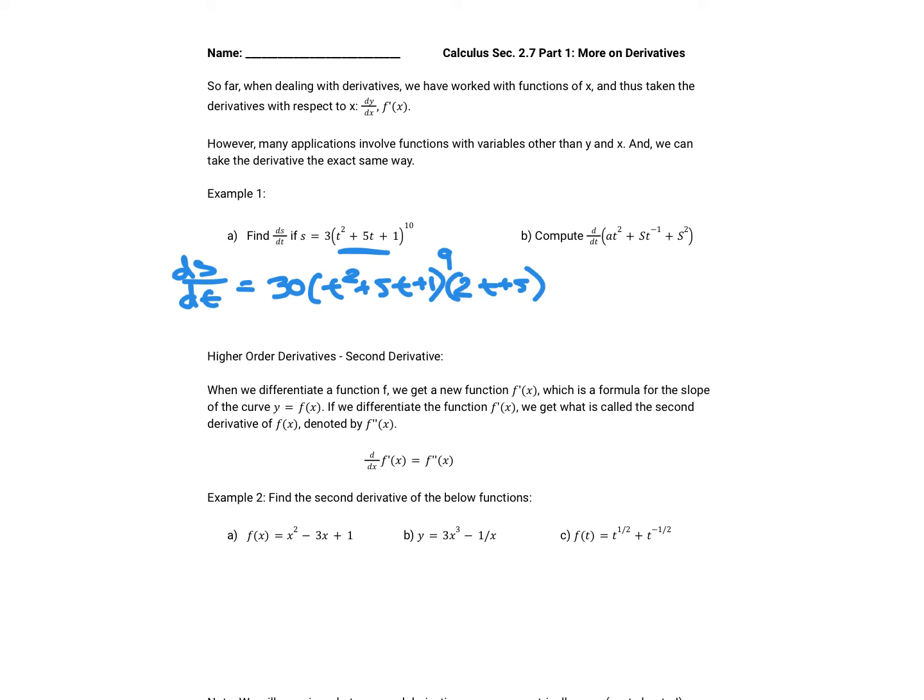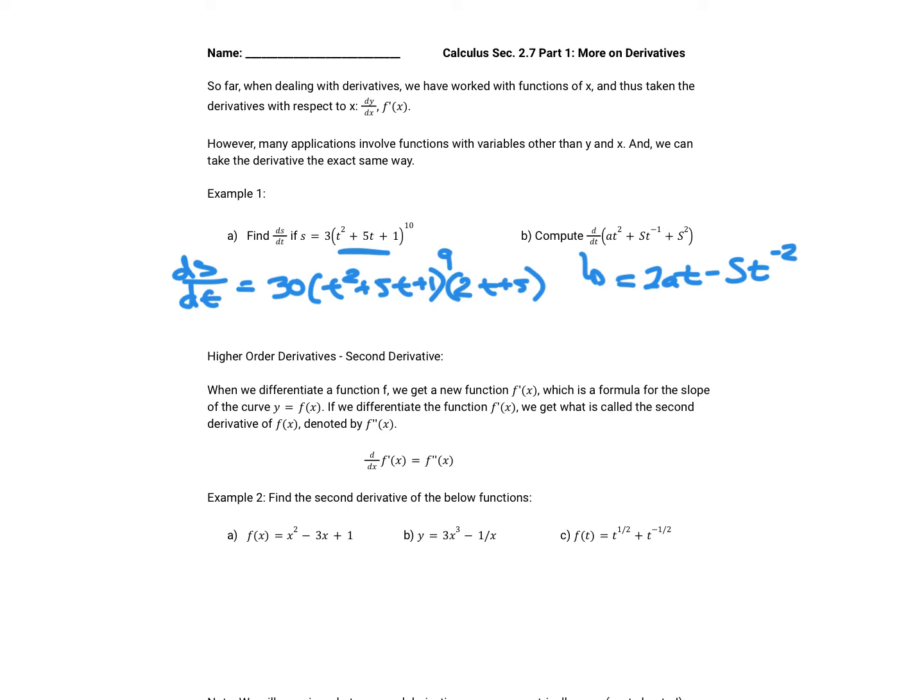When I do the derivative here, there's no outer function, so it's just with each term taking the derivative with respect to t. Remember, a and s are constants here, so it'd be 2a t to the first minus s t to the negative 2, and the derivative of s squared is just 0, since s here is a constant. So that would be your derivative for part b.